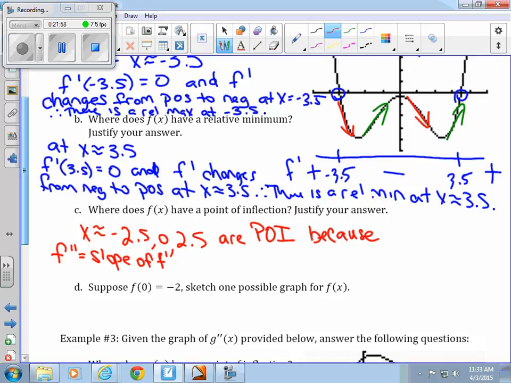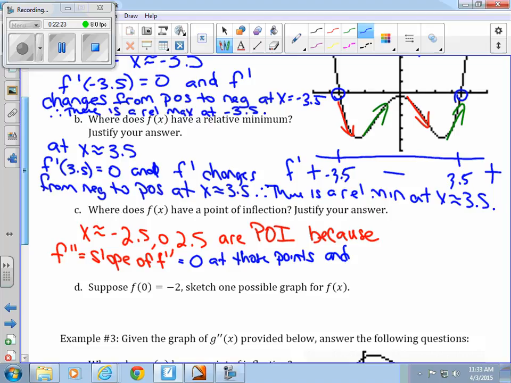Because f double prime, and I'm even going to tell the AP reader that I know that's the slope of f prime. Because f double prime, which is the slope of f prime, changes. Well, before I say changes, equals 0 at those points.